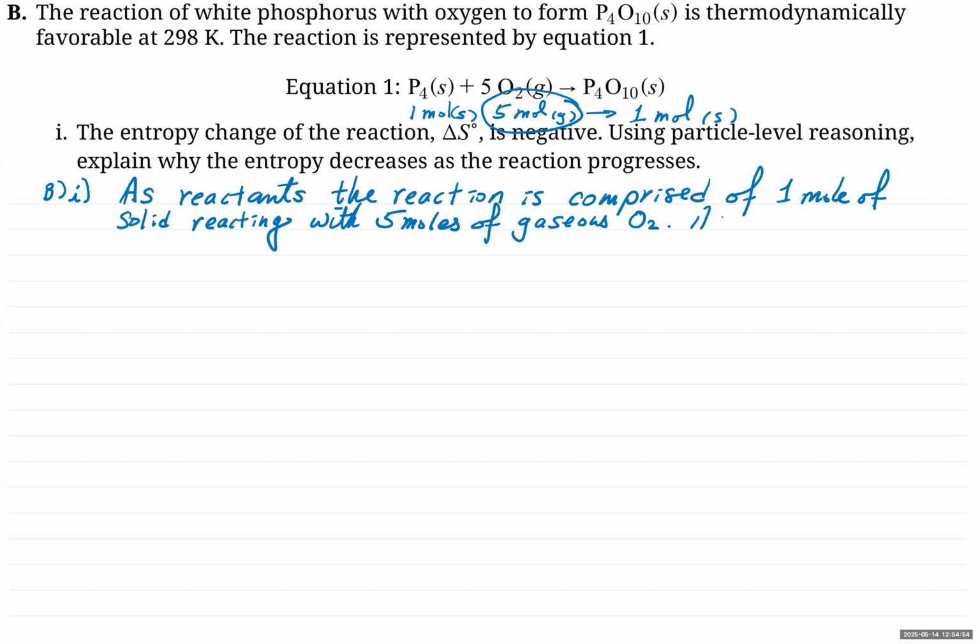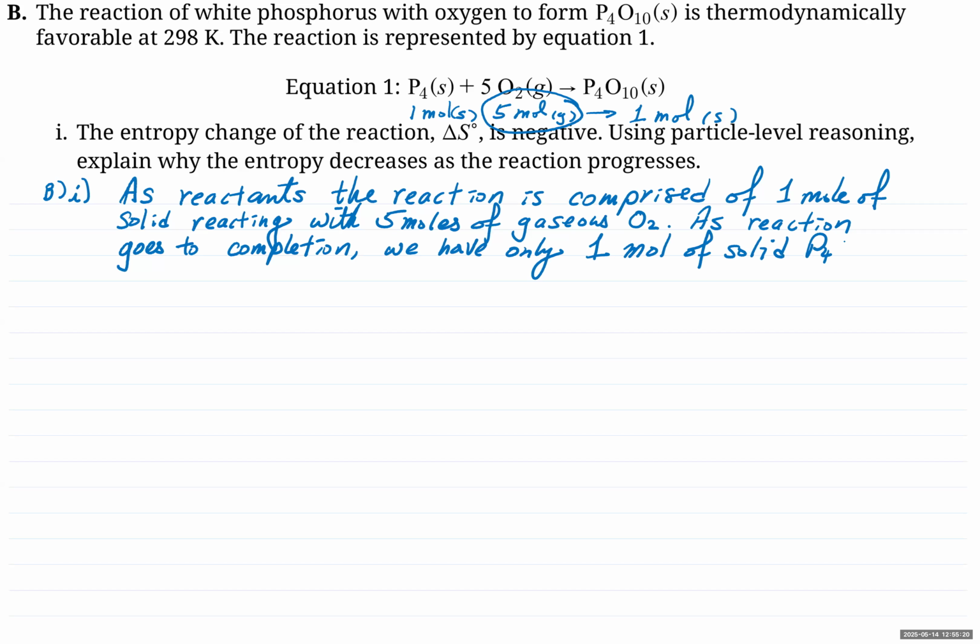As the reaction goes to completion, we have only 1 mole of solid P4O10.